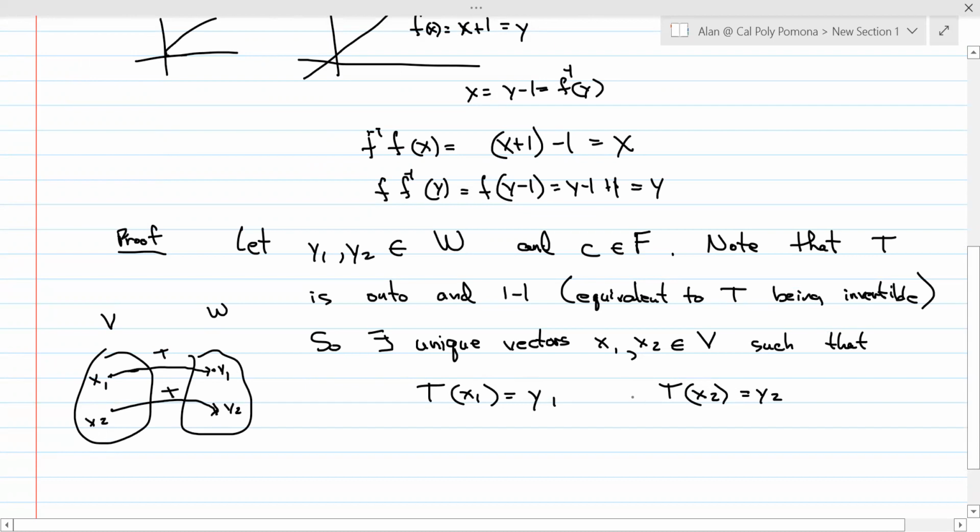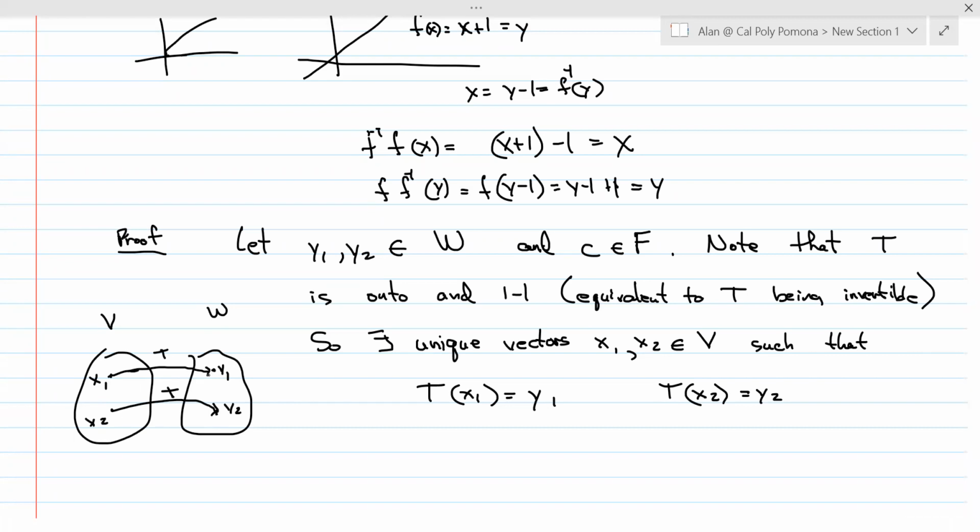And then they're also saying that these two vectors are unique. That means there can't be another vector over here that goes to y1. If there were, then it wouldn't be 1-to-1. Two vectors going to the same thing is contradictory to T being 1-to-1. And we know T is 1-to-1 because it's invertible.